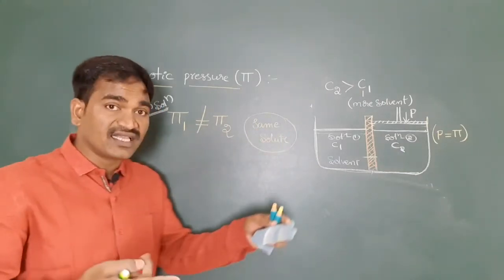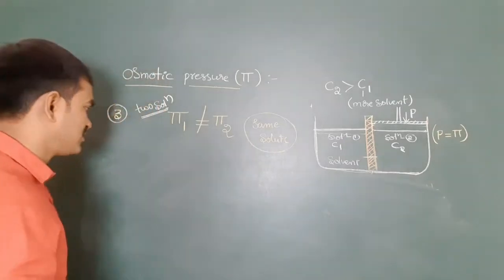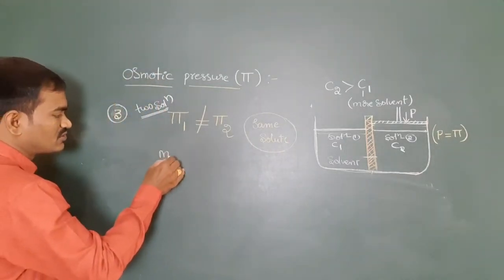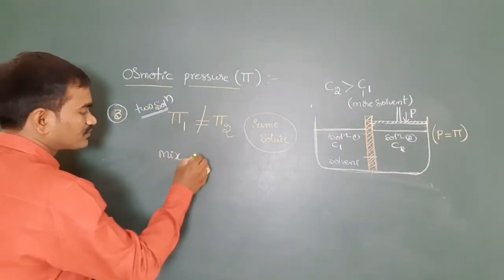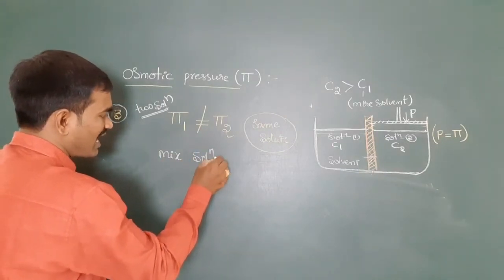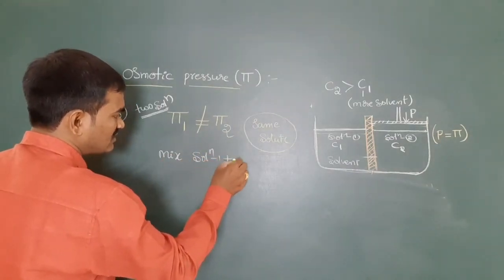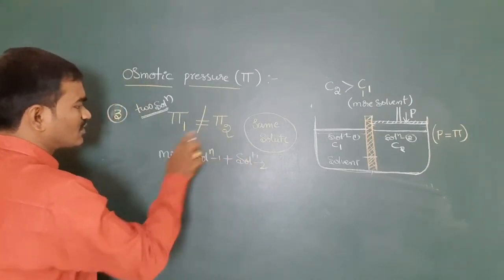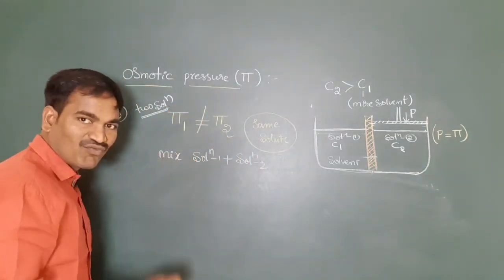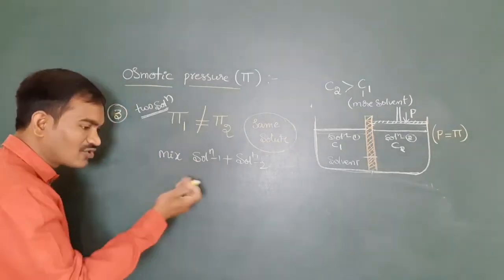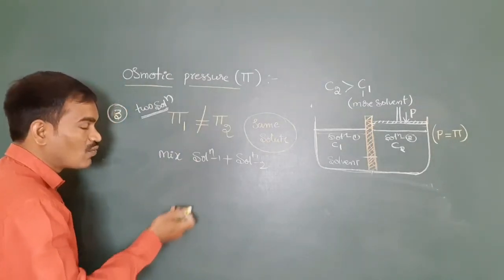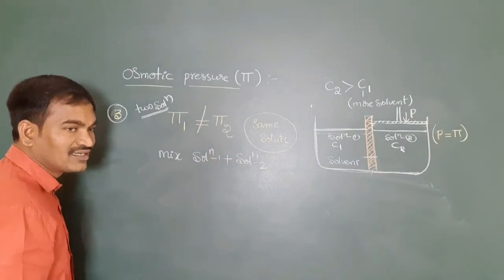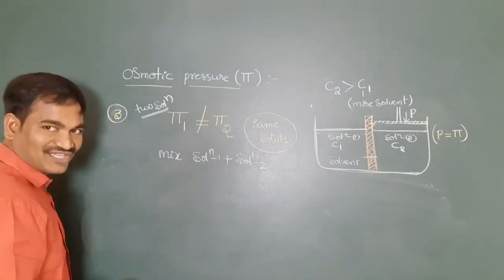Whenever you mix solution 1 and solution 2, what will happen here? Third solution formation takes place. What would be the third solution's osmotic pressure?